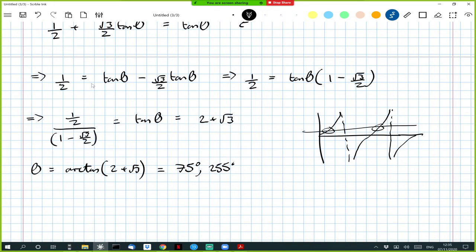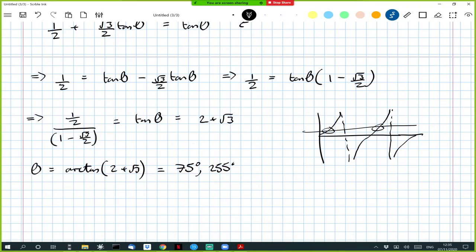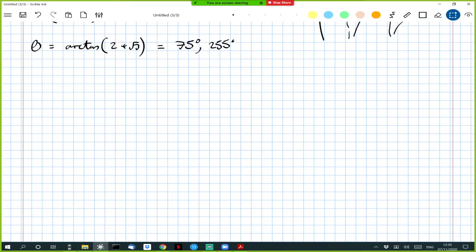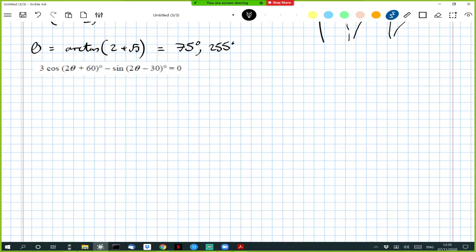Be careful of a different type of one that I can throw at you. This one here that I'm about to put on screen. Don't be confused by the fact that it's got a 2θ in it, and don't feel that we need to do anything about it until later. So 0 ≤ x ≤ 360, again, is what we're solving it for.